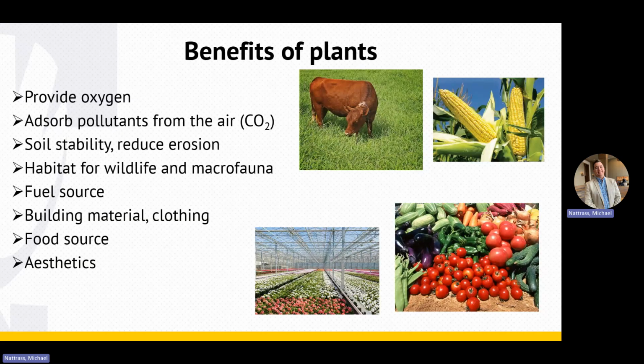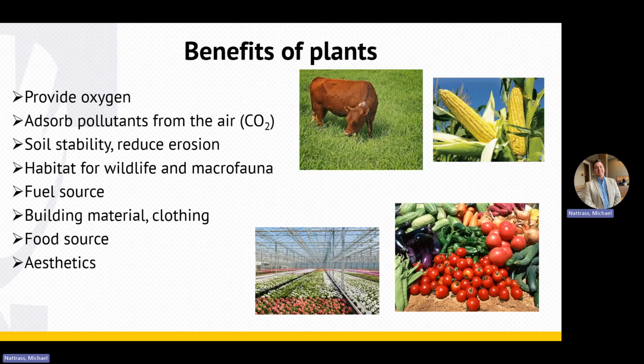It is important to understand the benefits of plants, because if we didn't have plants, we would not be here. For the most part, they provide us a source of oxygen. Plants breathe in carbon dioxide and breathe out oxygen, and we breathe in oxygen and breathe out carbon dioxide. So there's this mutualistic, beneficial, symbiotic relationship between us and plants.